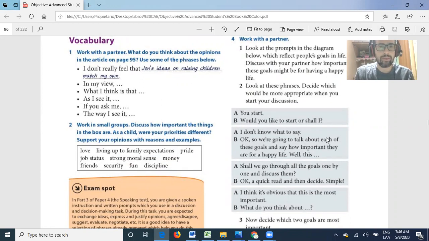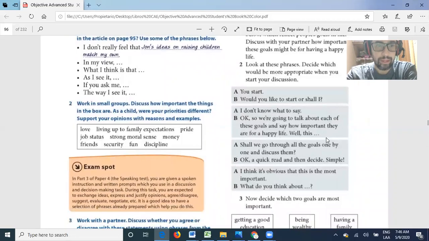It says, what do you think about the opinions in the article on page 95? Use some of the phrases below. I don't really feel that, in my view, what I think is that, as I see it, if you ask me, the way I see it. Remember that these phrases can help us a lot in our interaction part for the speaking test in part 3.